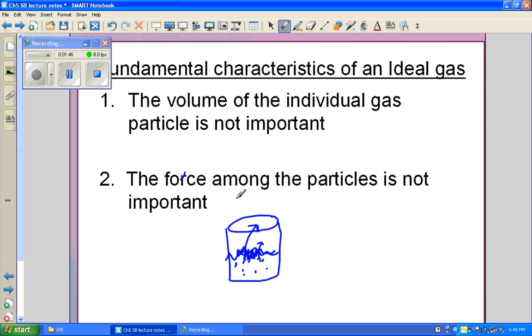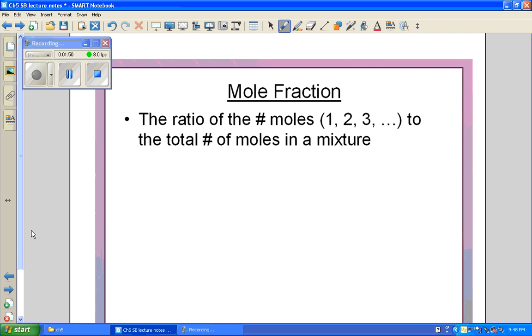Okay, so this leads us into mole fraction. Mole fraction is the ratio of the number of moles to the total number of moles in a mixture. Mole fraction is shown by the Greek letter chi, so chi is equal to the individual mole, mole 1, mole 2, however many moles we have, over the total number of moles in our system or in our mixture.